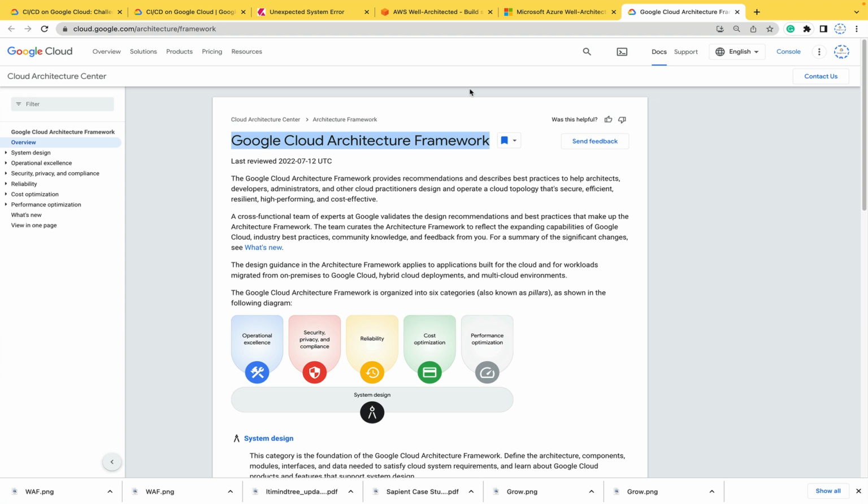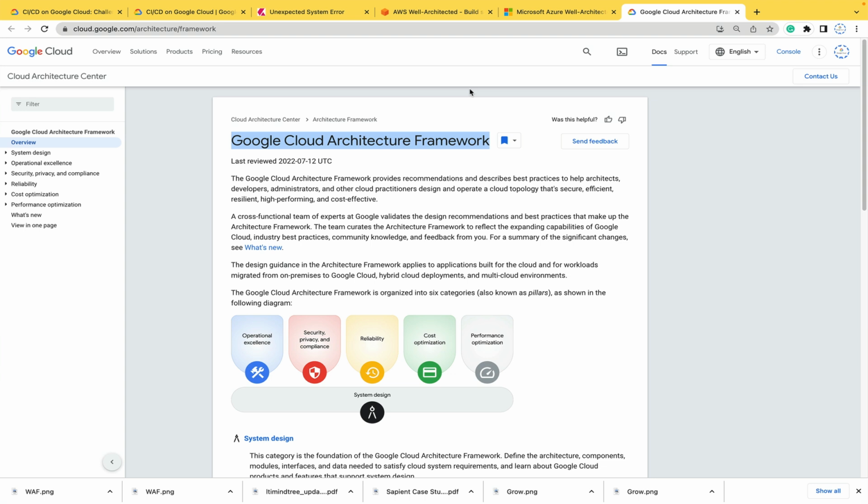In this framework, it applies to applications built for the cloud, and to workloads migrated from on-premises to Google Cloud, or hybrid cloud deployments or a multi-cloud environment. Then how is the Google Cloud Architecture Framework organized? It is organized into six categories.